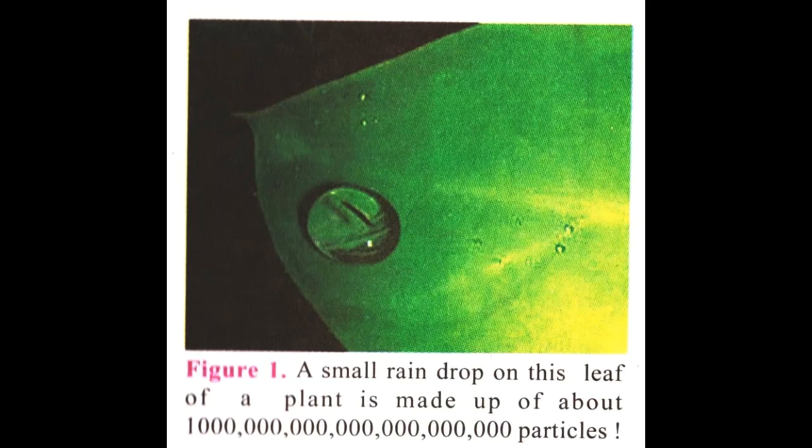There are 10 to the power 21 particles of water in this small drop. So you understand how little these particles must be. So all substances are made up of innumerable small particles. First part of the kinetic theory.